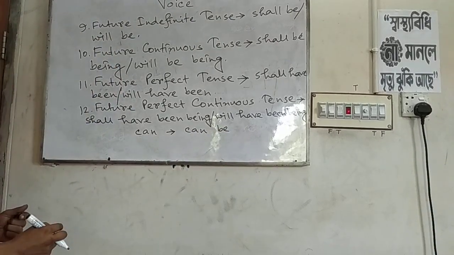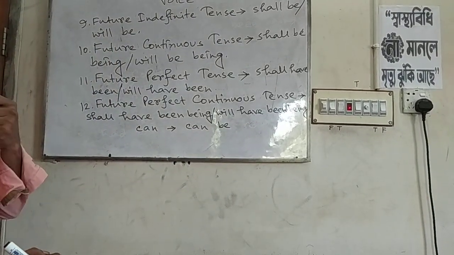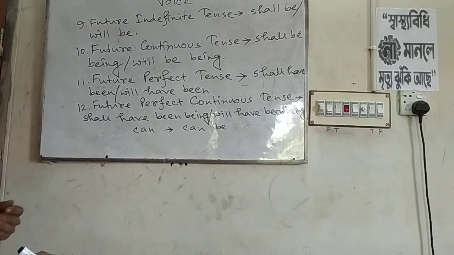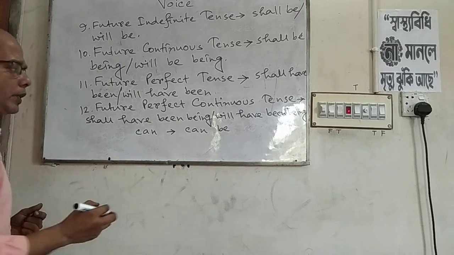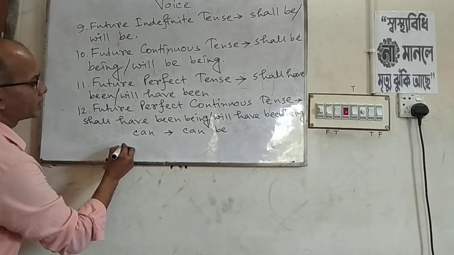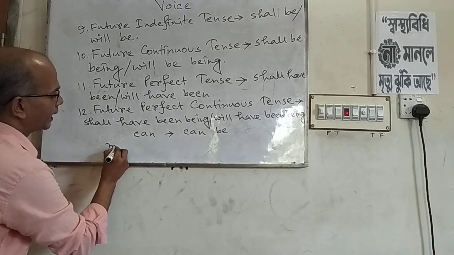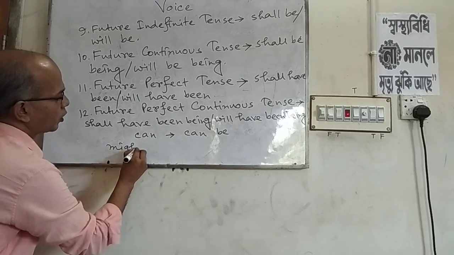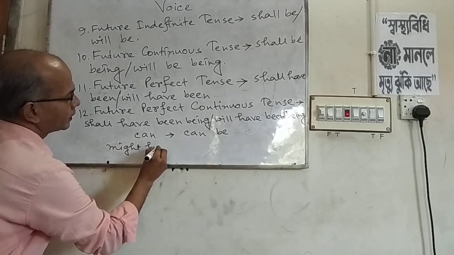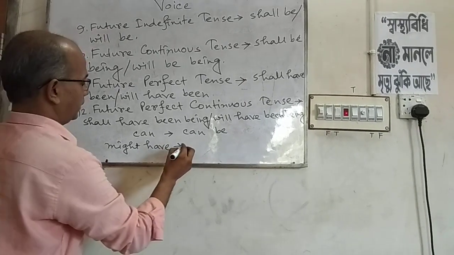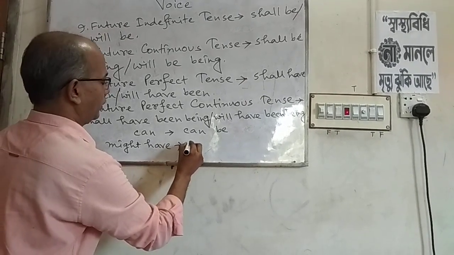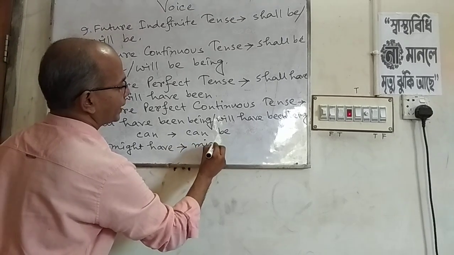But if there is have at last, been will be added to it. Here is another example. If there is might have, been will be added to it.